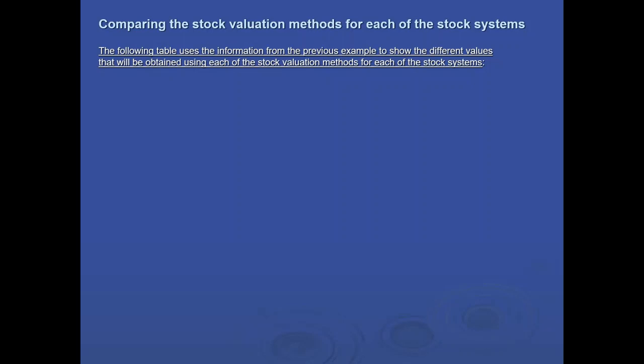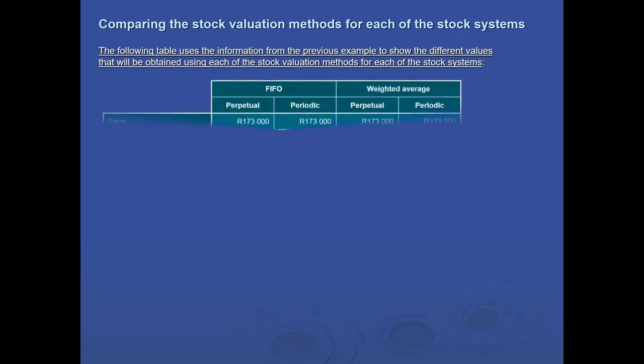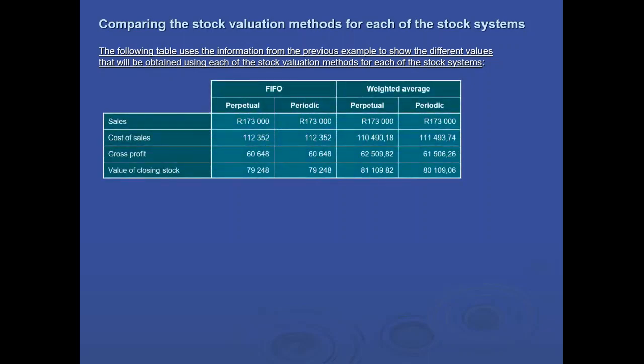The valuation methods are the specific identification, first in, first out, and the weighted average. But here we are focusing only on first in, first out and the weighted average. So the sales we can see for first in, first out, for the perpetual it was 173. For the weighted average according to perpetual it was also 173.